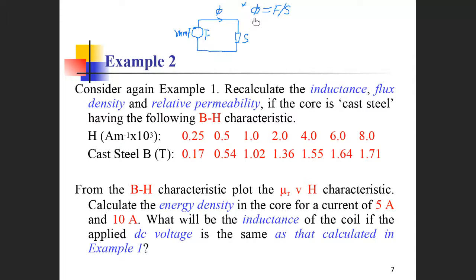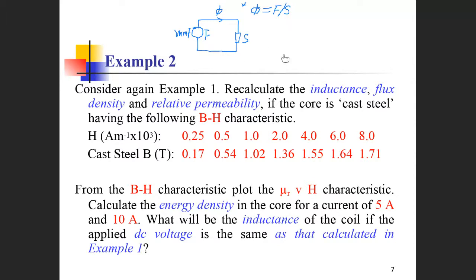Series reluctance and parallel reluctance are similar to resistance. You can use Kirchhoff's voltage law, Kirchhoff's current law, and even resistor network laws, applicable to phi, F, and S respectively.